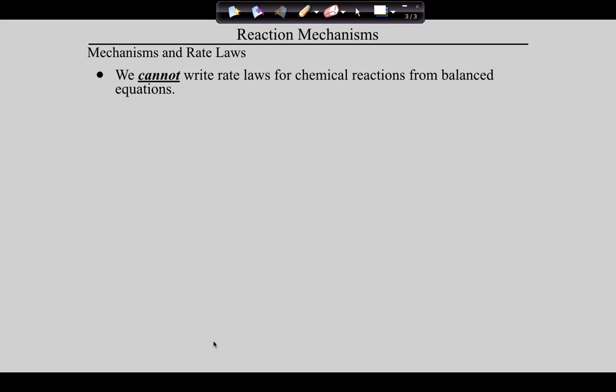Trial 1, trial 2, trial 3, establish the relationships. Why is this true? Because the balanced equation just tells us before and after. It doesn't tell us how before gets to after. You guys all settled on that idea? Because this is going to be concerning to you if you're sold on this idea.